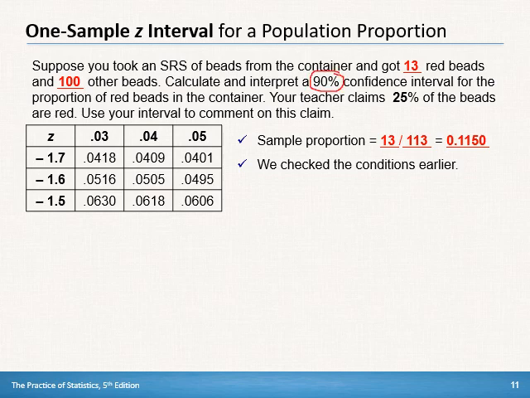So that means we need 10% outside in total, and then in each tail, it's going to be 5%. So on a z-score table, we're looking for 0.05. And you can see there are 2 numbers there, and they're both equally distant from 0.05. And so we would simply, in that case, take the average.